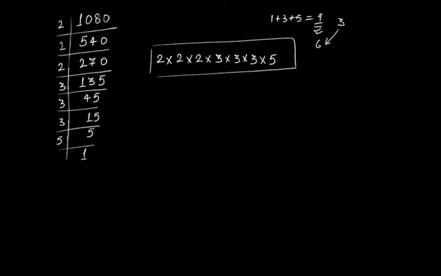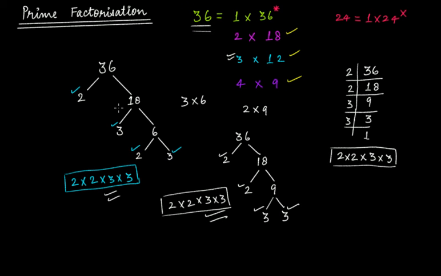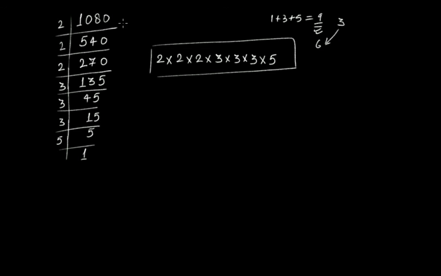So there are 2 ways. If you have a smaller number, you can apply the factor tree method, but if you have a larger number, that method will be a tough one, and this method of dividing and finding the prime factorization is the easier and quicker one.